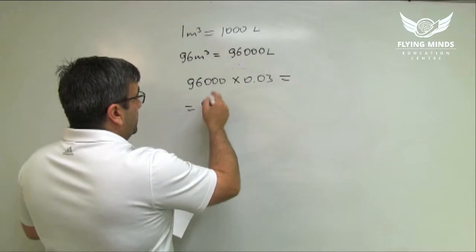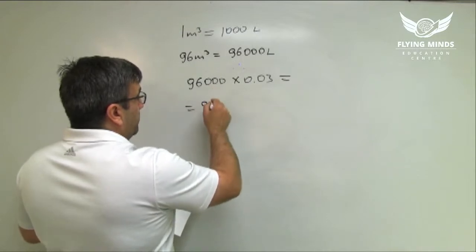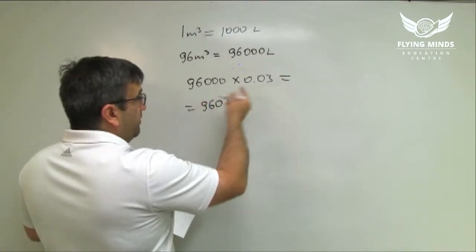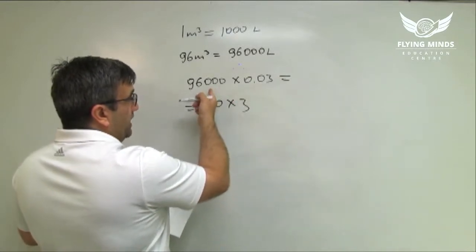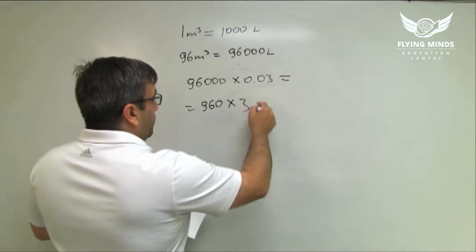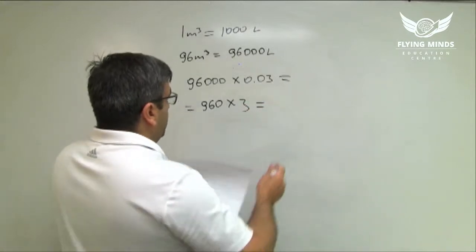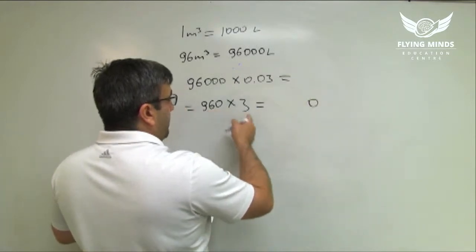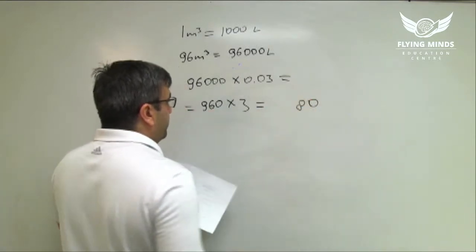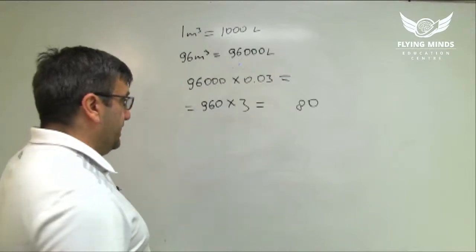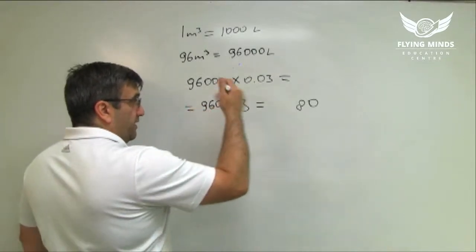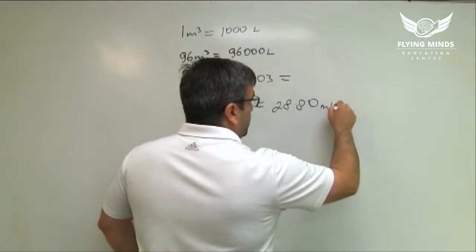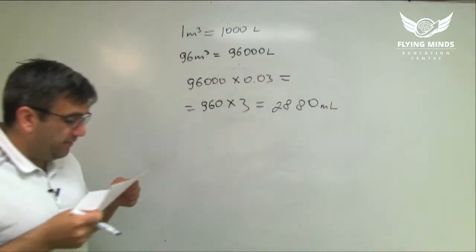So we can multiply 960 times 3, right? So we multiply this by 100 and divide this by 100, and what we get: 0, 6 times 3 is 18, 1 carry forward, 9 times 3 is 27 plus 1 is 28 milliliters. Okay.